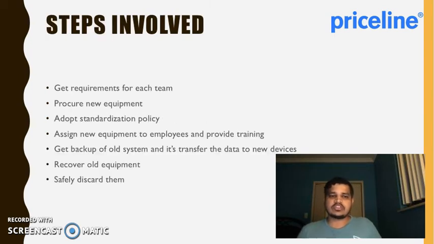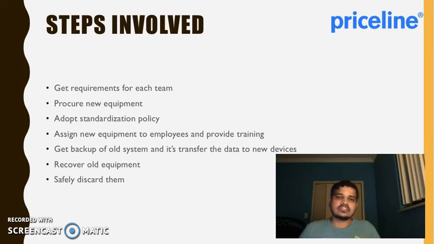So what are the steps which we suggest would be involved in this? Let's go one by one. We would need to get requirements for what each team requires. What kind of hardware they require, what is their configuration, what kind of software they require, what is their minimum expectation from the software.